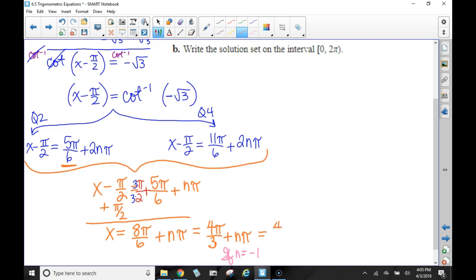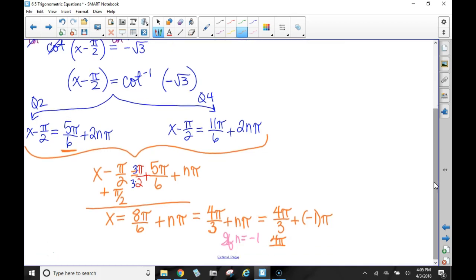Let me write this. 4 pi over 3 plus a -1 pi is the same thing as 4 pi over 3 minus pi. Another way to write pi with a common denominator is 3 pi over 3. And so this is just positive 1 pi over 3.